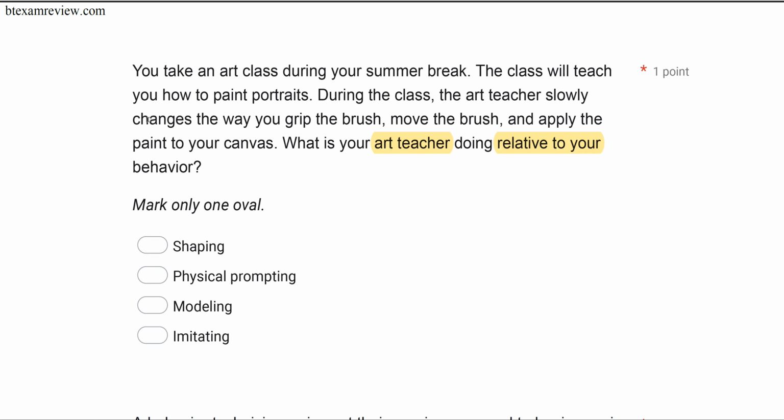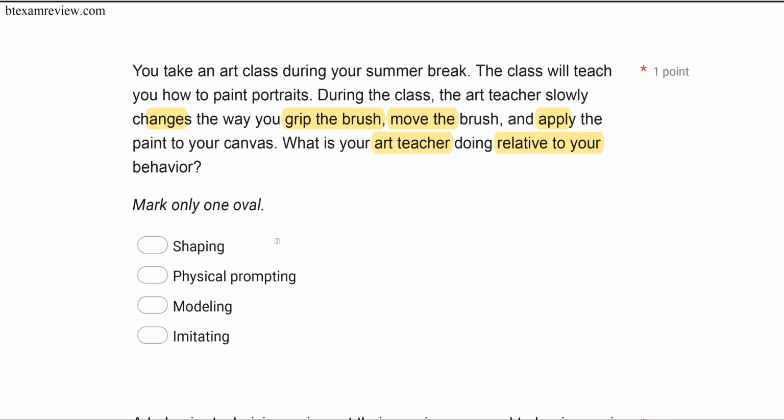Well, she's slowly changing how you grip the brush, move the brush, and apply the paint. She's slowly changing your behavior, and sometimes quickly. But when we change behavior in this systematic type of way, what are we often doing? Well, often we are shaping.